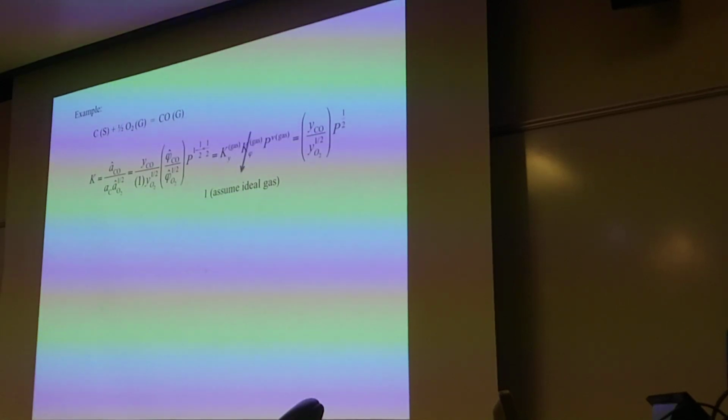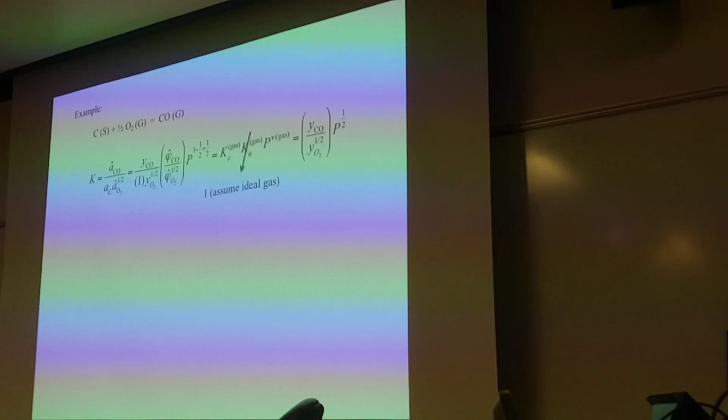So let's look at an example just to illustrate it. You take this first reaction, the oxidation of solid carbon to get carbon monoxide gas. Then K, just in general, I can write it out in terms of these activities. So it's the activity of CO in the gas mixture over the activity of carbon, that's a solid, so there's no hat over it, just a pure solid, times the activity of oxygen with this exponent of 1/2 as indicated.